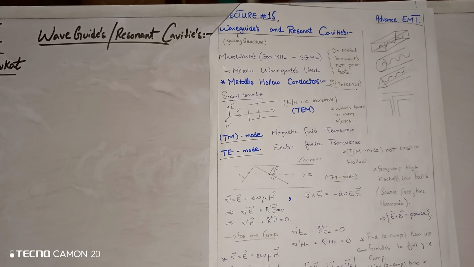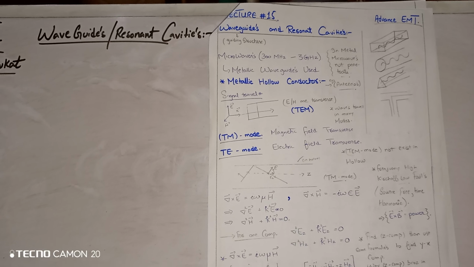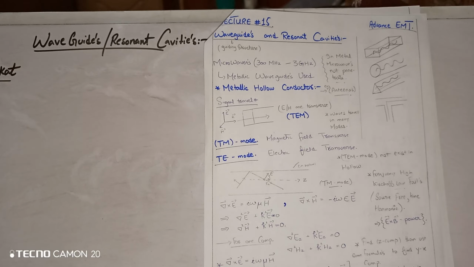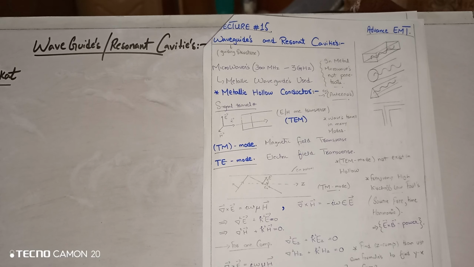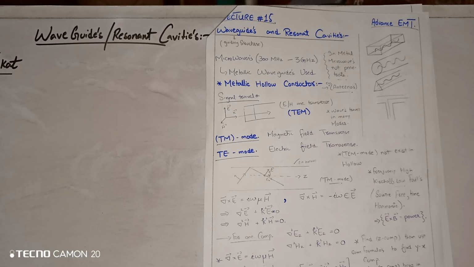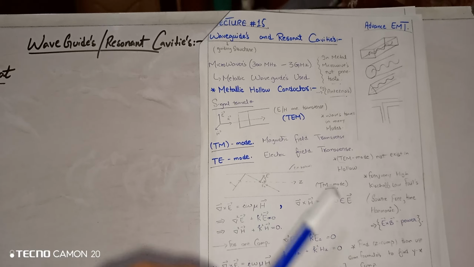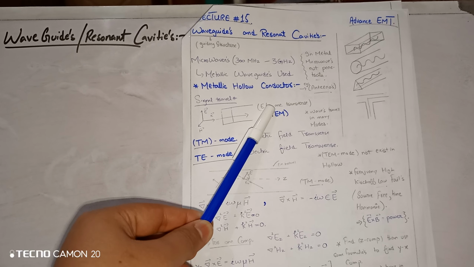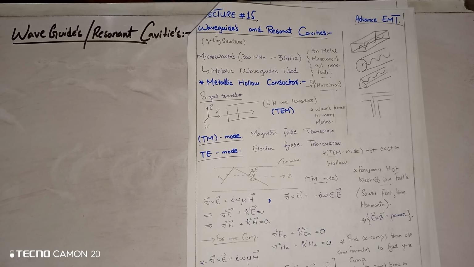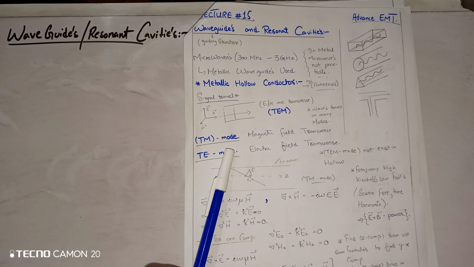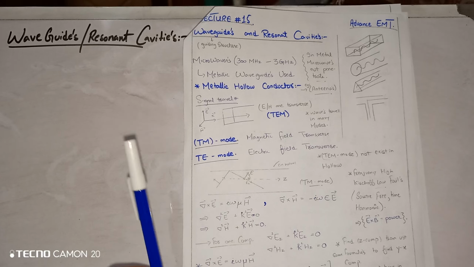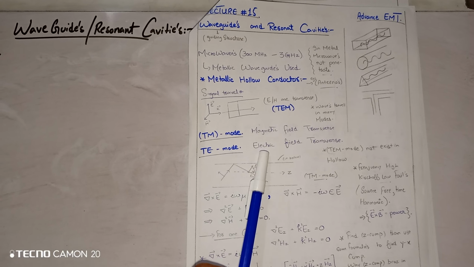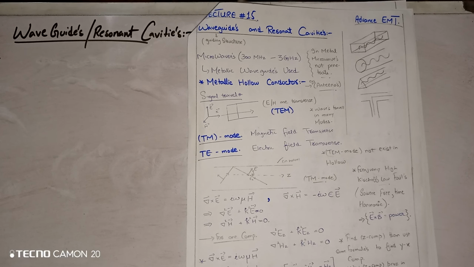The three modes are TEM, which is transverse electromagnetic, TM, the transverse magnetic mode, and TE, the transverse electric mode. In TEM, both your electric field and your magnetic field are transverse, while in TM mode only the magnetic field is transverse, and in TE mode the electric field is transverse.